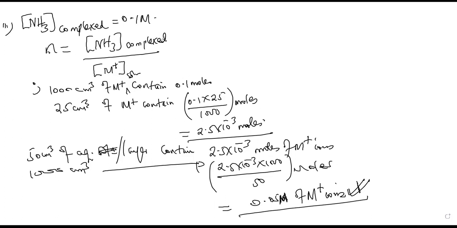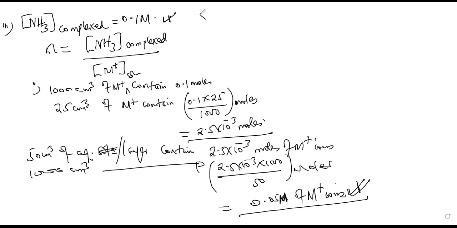I have the concentration of the complex ammonia. It means that 0.05 moles of M ions are complex with 0.1 molar of ammonia.